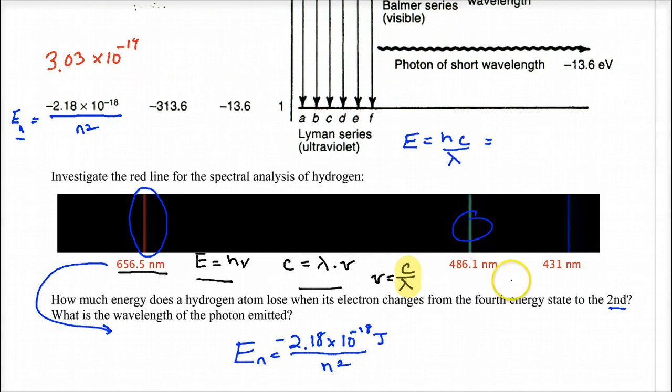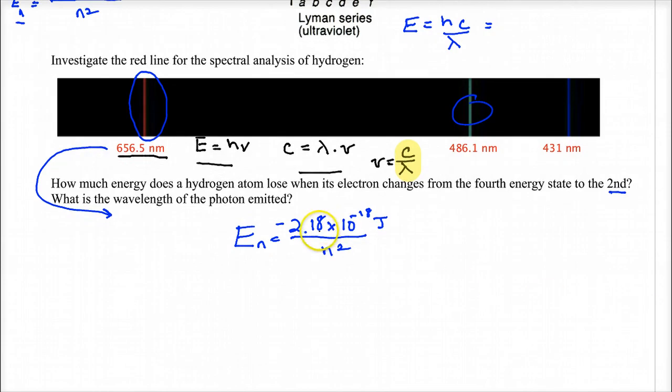Not knowing the energies, just given the formulas, we have to find the energy of the individual levels. So let's do the energy of the fourth. The energy of the fourth energy level would be negative 2.18 times 10 to the negative 18 joules over, well, 4 squared is 16. So let's go find that.